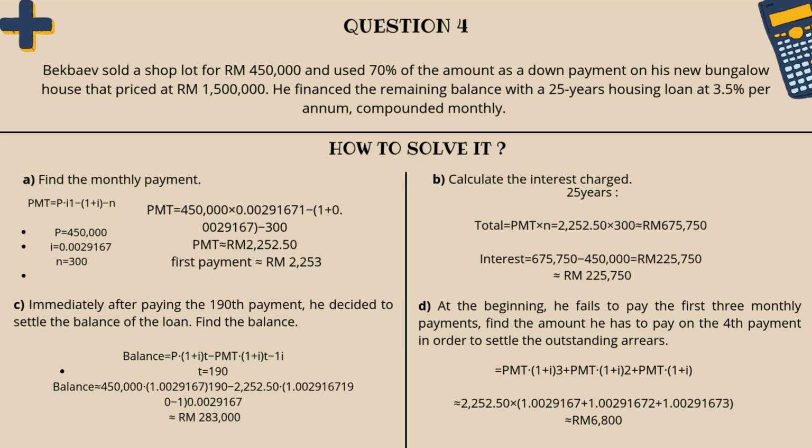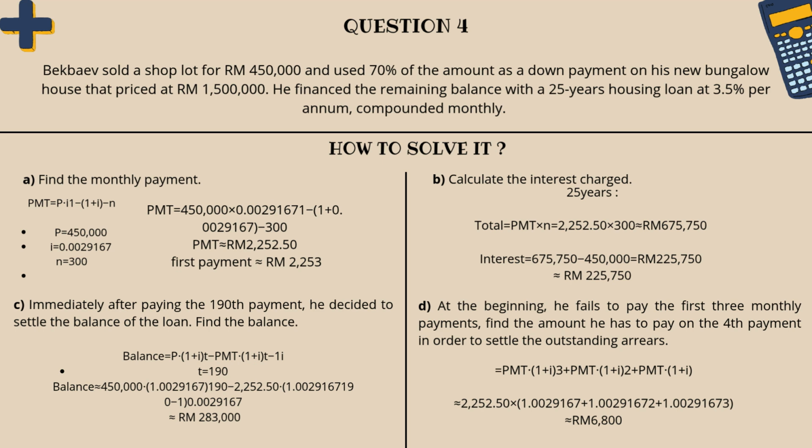So the interest is 675,750 minus 450,000 equals 225,750 ringgit. Question C, we have to find the balance. So from the calculation, we get RM2,800.